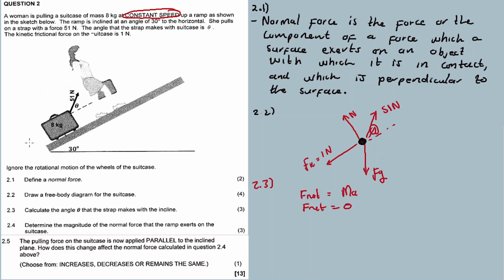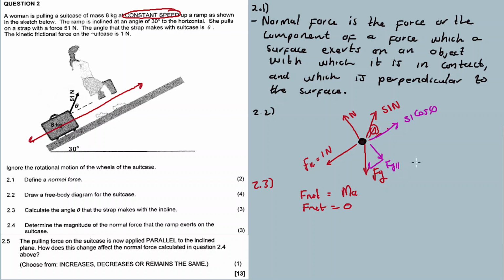Since the suitcase is being pulled up the incline, for F net I consider only the forces parallel to the ramp. It's the parallel component of Fg, and this component of the 51 Newton force, which is 51 cos theta.